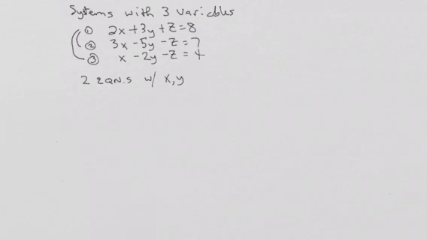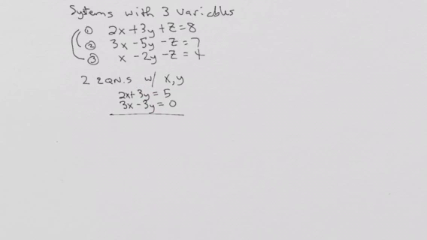And that's what I want, because once I have two equations with x and y, let's pretend that we get 2x plus 3y equals 5, and 3x minus 3y equals 0. Then I'm going to add those two equations together because my y's will disappear.